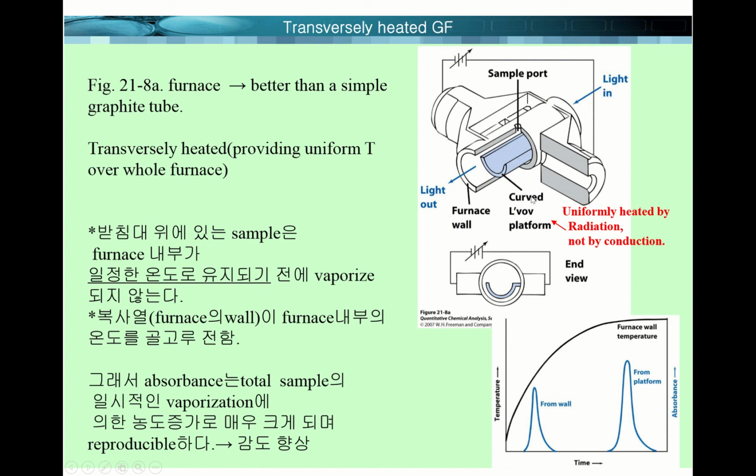This is uniformly heated. This is the furnace, then this is a platform on which your sample is put. Light comes from this side and comes out from this side, and this is a heater. This configuration is called transversely heated. It has a right angle.